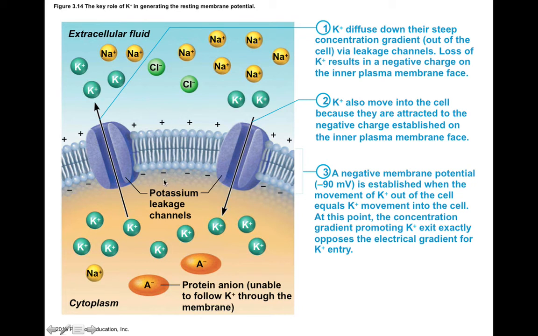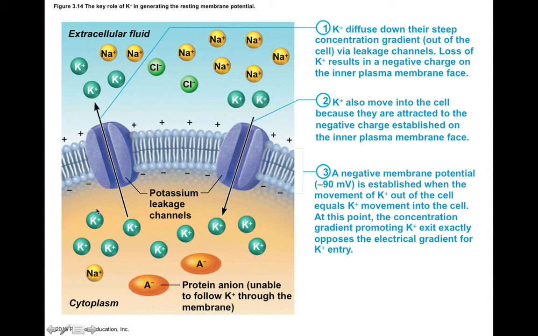But what's fascinating is that we refer to this as not just an electrical gradient, but there's also a chemical gradient. So yes, there are positively charged ions out here that contribute to the positivity in the extracellular fluid, or negatively charged ions that contribute to the negativity in the intracellular fluid. But we also have to take into consideration that there are certain concentrations of ions outside the cell and inside the cell, and this could change how these move.